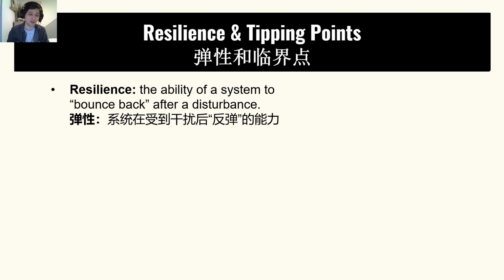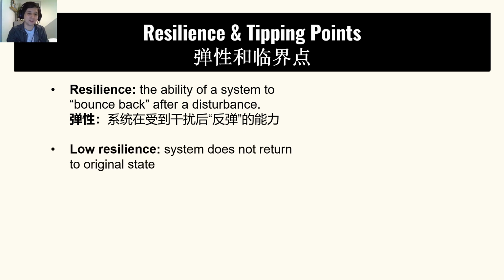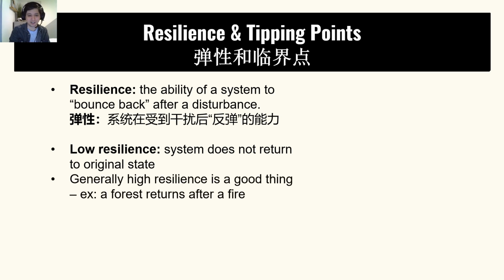So your body is actually a very resilient system to heat, right? So it has high resilience. It's able to bounce back after disturbance. It's able to be resilient, right? If you are low resilience, the system does not return to its original state. But generally, being high resilience is a good thing.